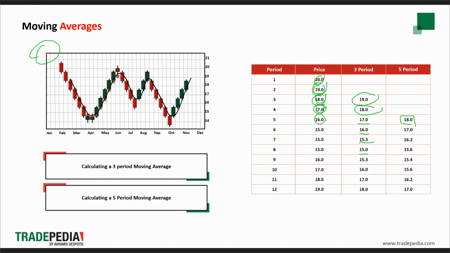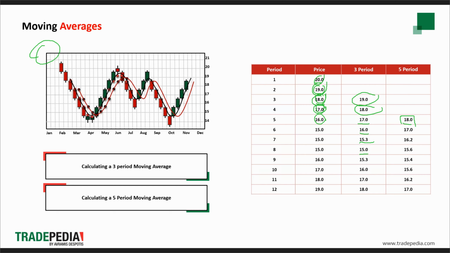So if you were to plot it on the graph again, you can see the red line is the 5-day moving average, and the black line is the 3-day moving average.